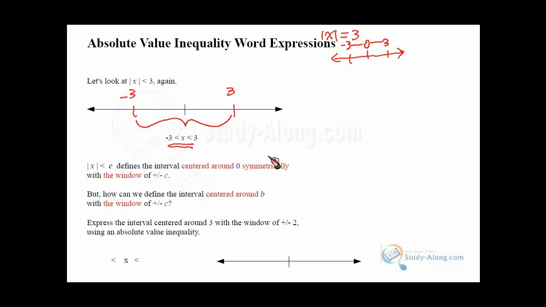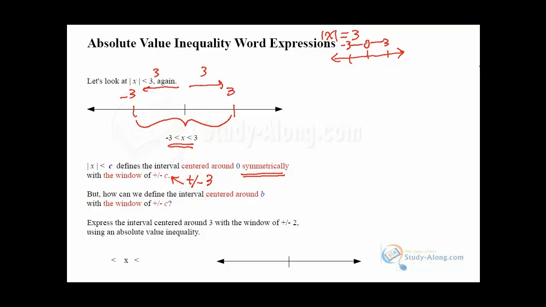And it's symmetric. There's 3 on one side and 3 on the other side. Symmetric. The window, what we call the window, is basically the plus or minus value from the origin. It's easy, right? 3 across, 3 to the right, 3 to the left. So, the window is plus or minus 3. And that's what we've been dealing with. You are pretty familiar with it. You probably know what I'm talking about.